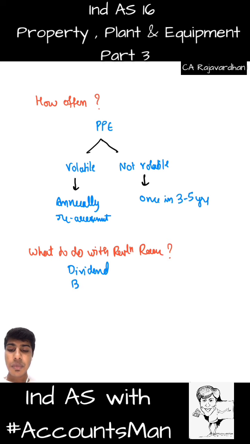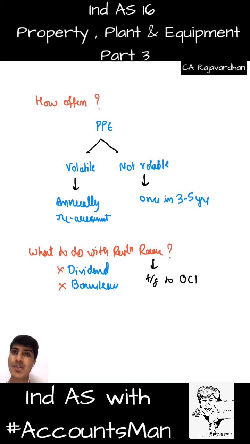Can I give bonus issue with this reserve using capitalization? So the answer is no. There is no possibility of dividend, there is no possibility of bonus issue because this is not a free reserve. You get that? Only thing that we can do with respect to this is transfer this to other comprehensive income.